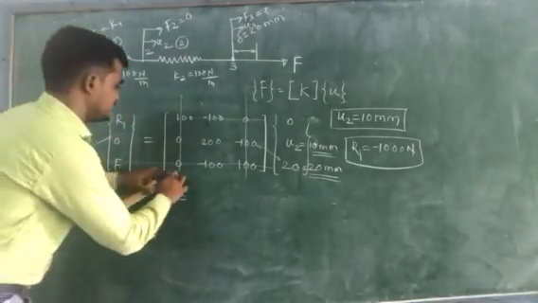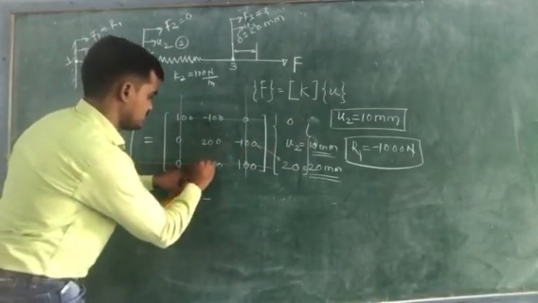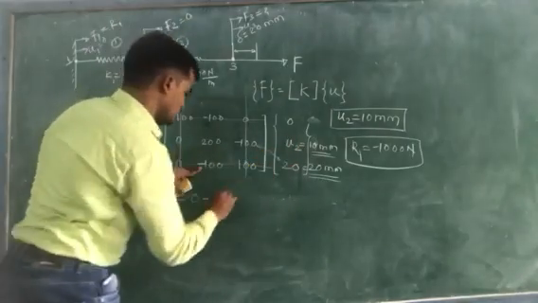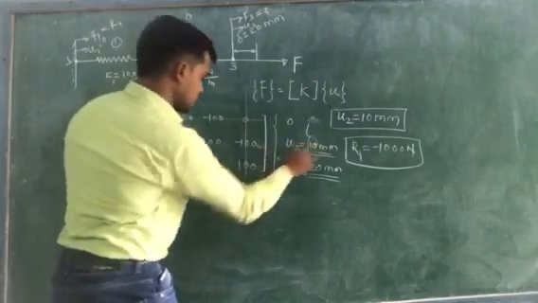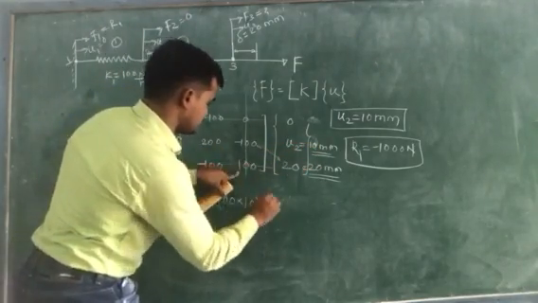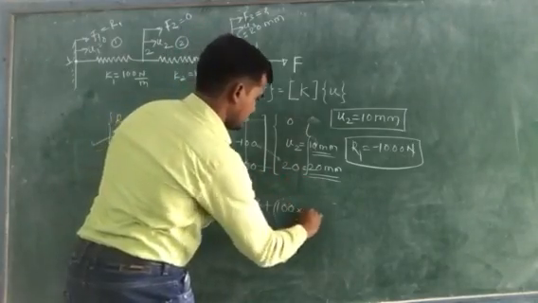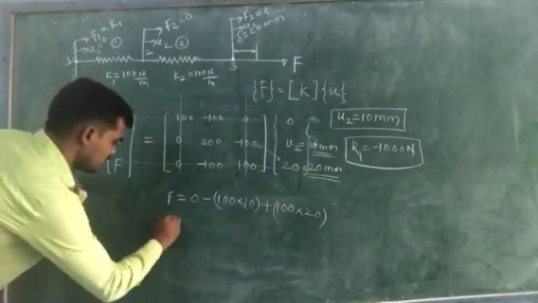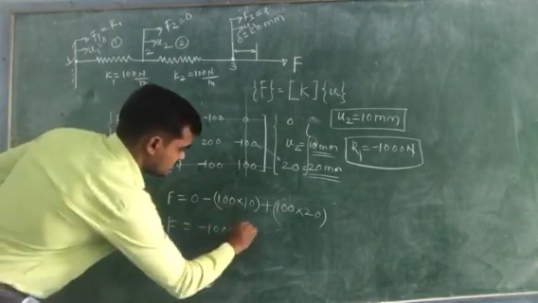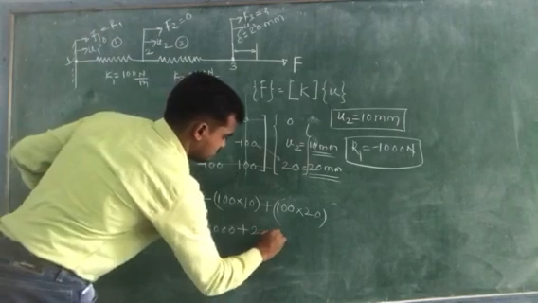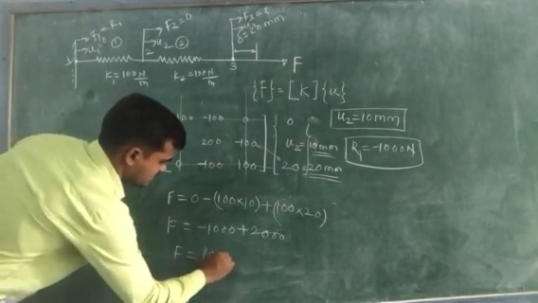F is equal to 100 times 0, which is 0, minus 100 times U2, where U2 is nothing but 10, plus 100 times 20. Okay, so in this way you will get the force value. F is equal to minus 1000 plus 2000. So finally F becomes equal to 1000.